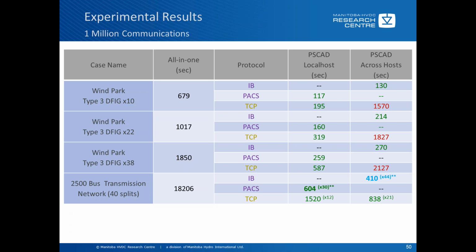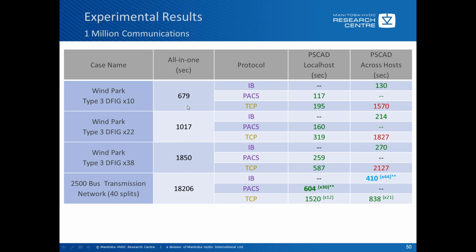So we look at, say, a wind park using 10 machines, where all 10 machines are simulated on separate CPUs, and the main network is on an 11th CPU. We can see that the performance numbers in the all-in-one case start to really grow dramatically.